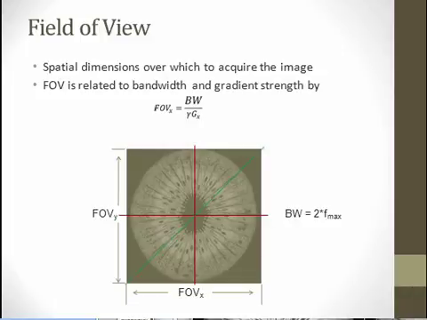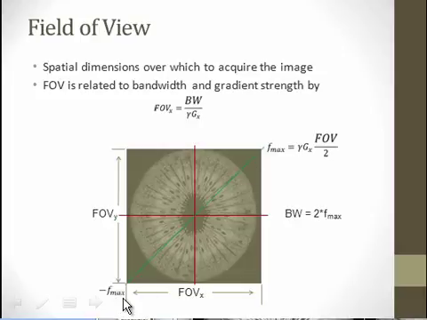Well, here I'm showing that the field of view in the x direction equals the bandwidth divided by the gyromagnetic ratio times the gradient in the x direction. So F max here at this point is equal to gamma Gx times field of view over 2.